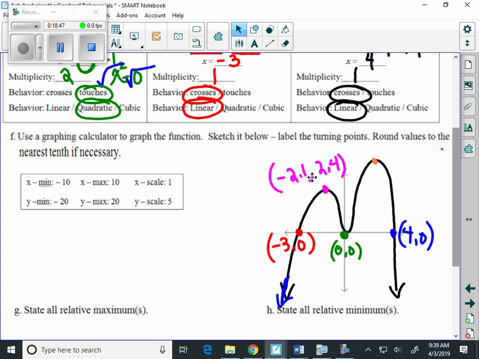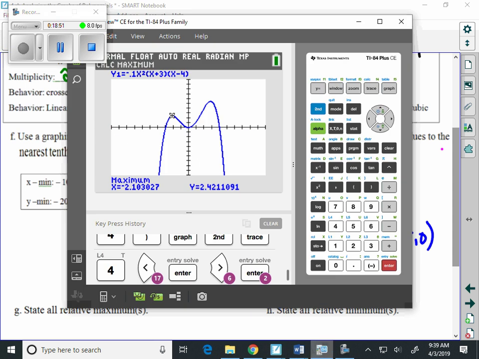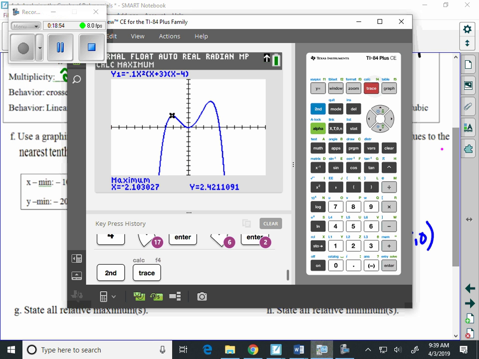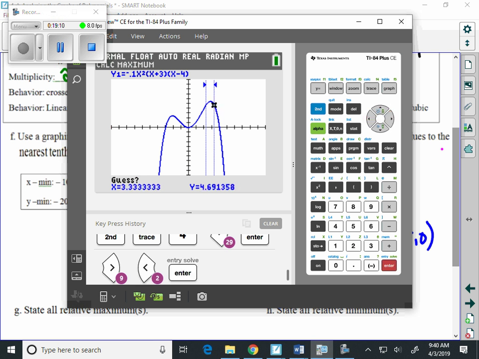We need to do the same thing to find this orange point. So we're going to go second, trace, maximum. A little bit to the left, enter. A little bit to the right, enter.